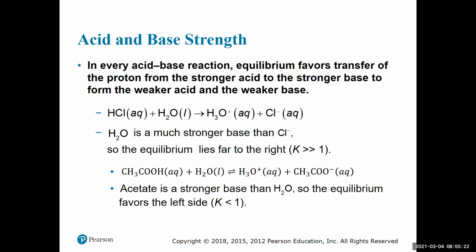And so when we talk about a weak acid, and acetic acid is considered a weak acid, this just tells us that we're still going to have some concentration of the acetic acid, the CH3COOH, and we're going to have concentration of H3O plus, and then the acetate ion as well.